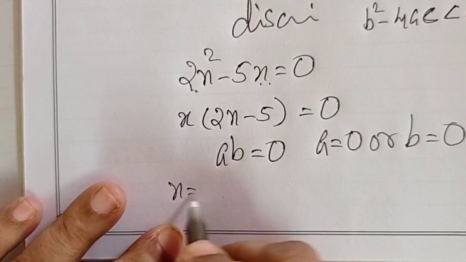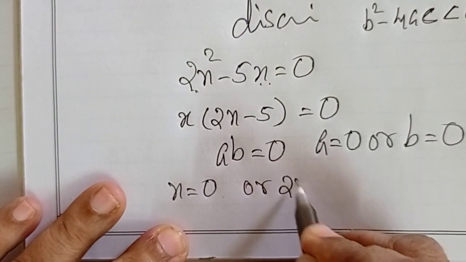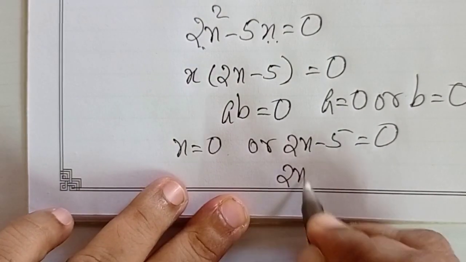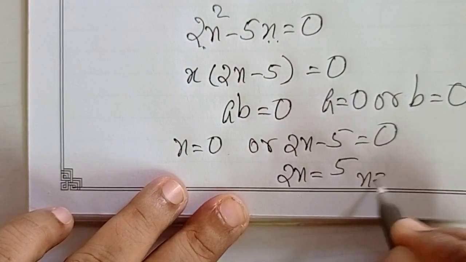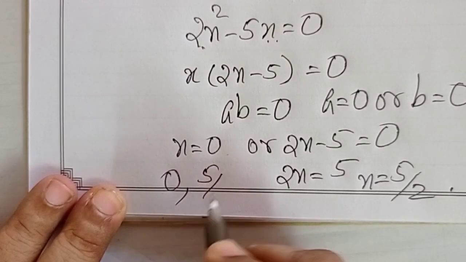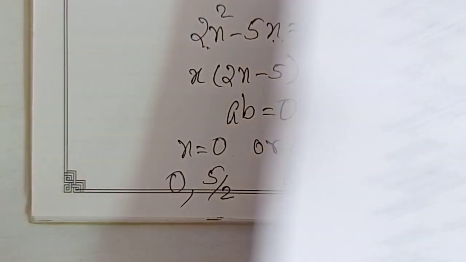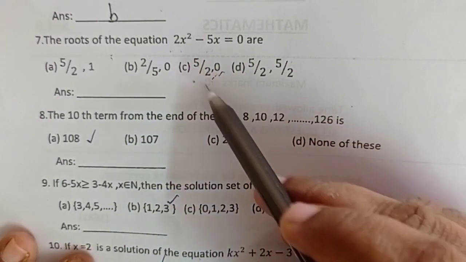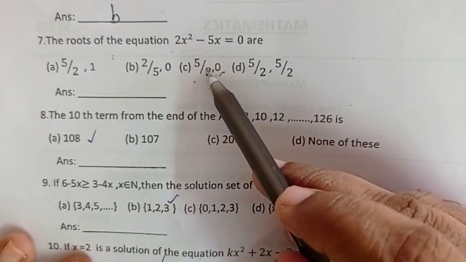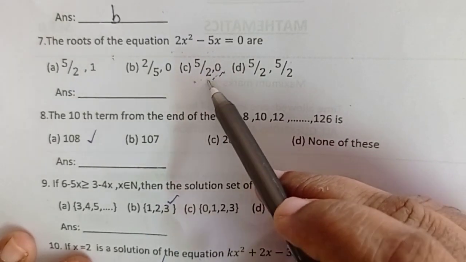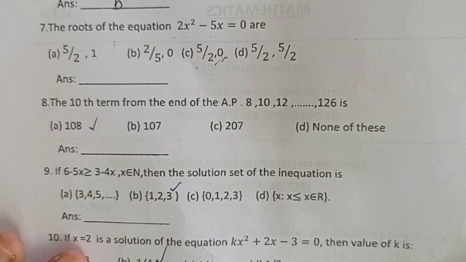That means x equal to 0 or 2x minus 5 equal to 0. Therefore, 2x equal to 5, x equal to 5 by 2. Therefore, the answer option is 0, 5 by 2 or 5 by 2, 0. Which option is correct? 5 by 2, 0. Here these are the values of x, therefore you can interchange the answer.